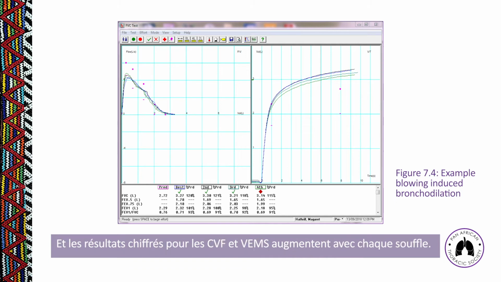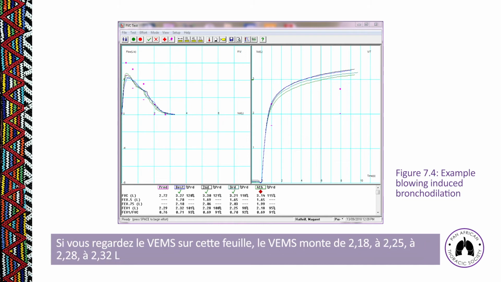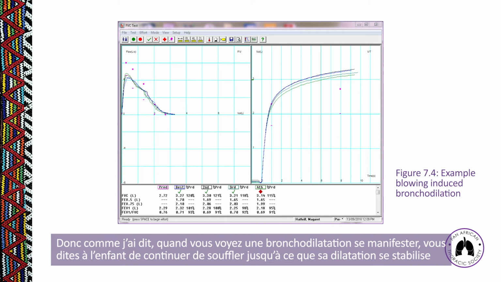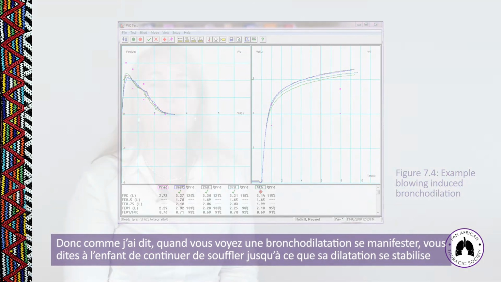The numerical results for the FVC and FEV1 get higher with each subsequent blow. The FEV1 on this printout goes from 2.18 to 2.25 to 2.28 to 2.32 liters. So it's very important that when you see blowing-induced bronchodilation, you keep that child blowing until that dilation has stabilized.